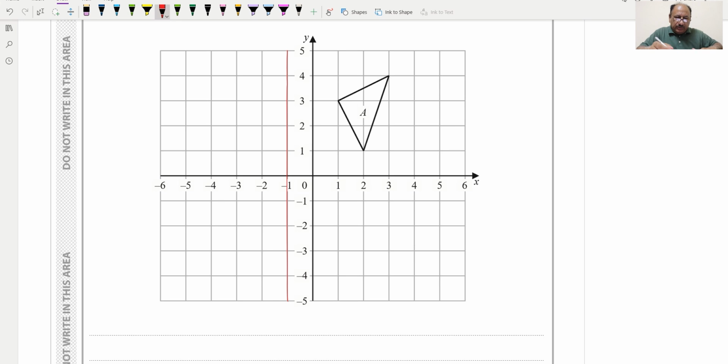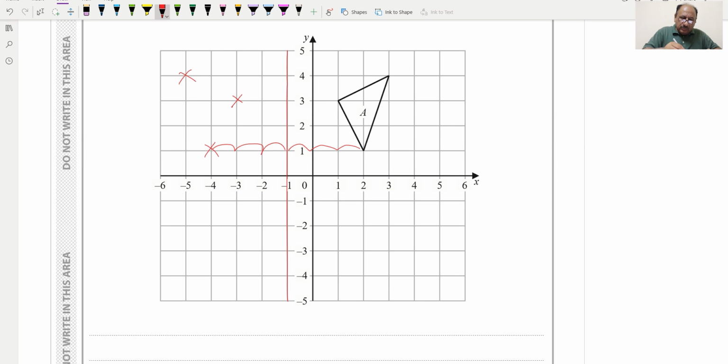this triangle A. We can count from here 1 and 2 units, so we take 1 and 2 units on this side. So 1 mark will be this one, and the second mark: 1, 2, 3 and 4 units, so we take this point, and then 1, 2, 3 units.